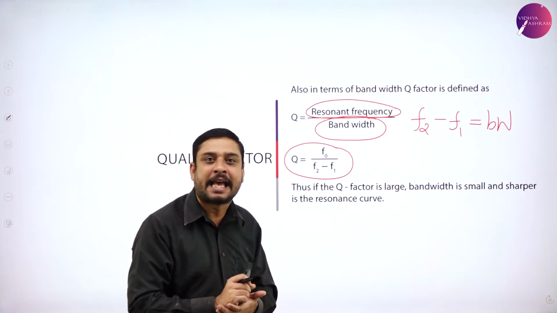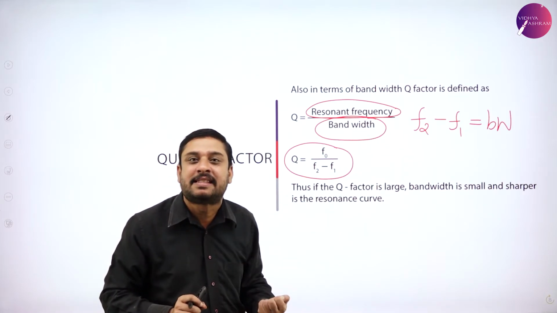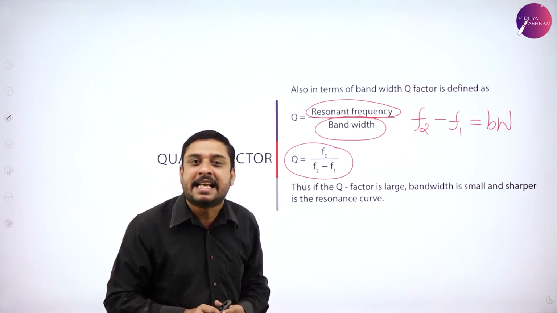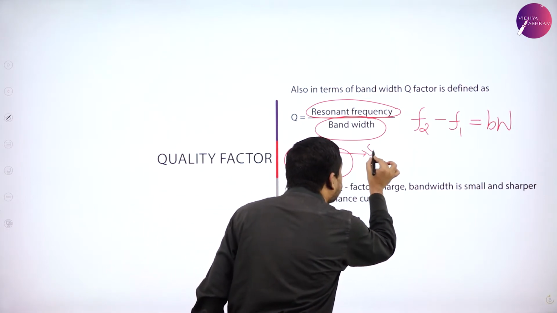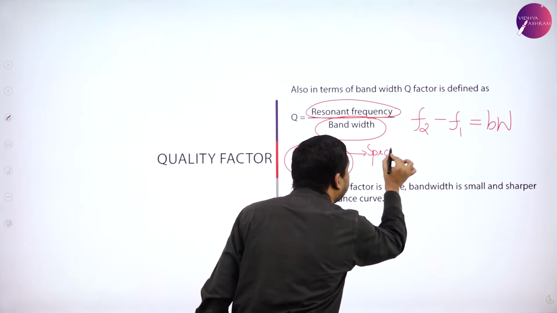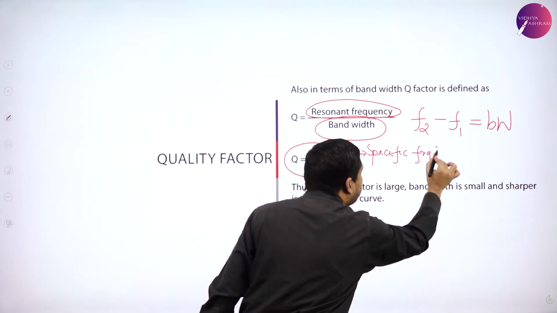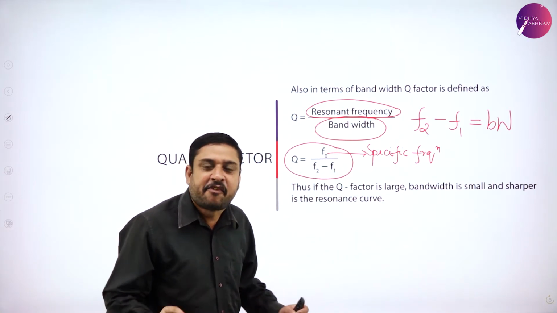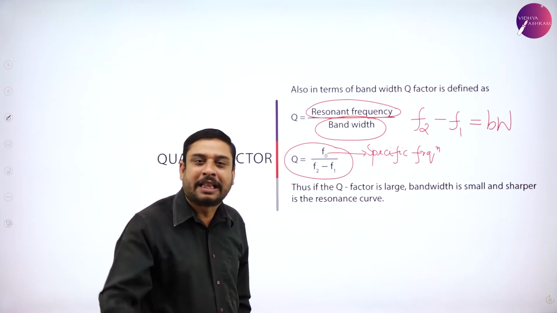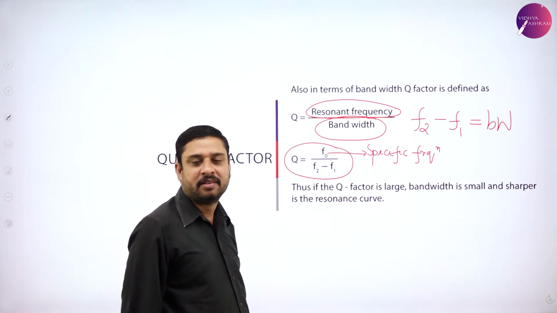Most of my students had written: increase the resonant frequency, and the Q factor increases. No, F0 is a specific frequency. If it changes, then it is no more called the resonant frequency. It has a fixed value, and for that frequency resonance is achieved.